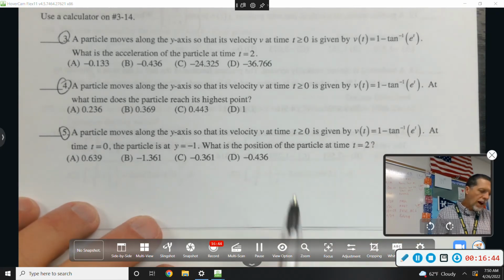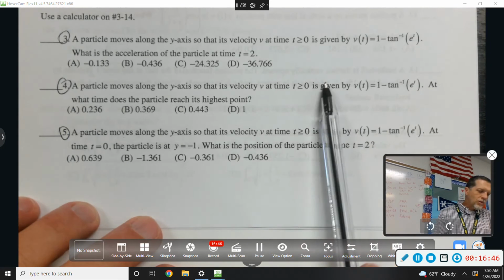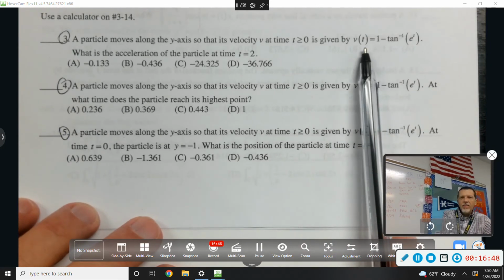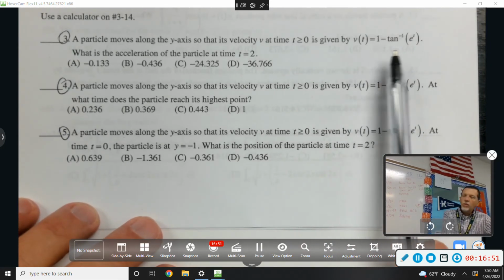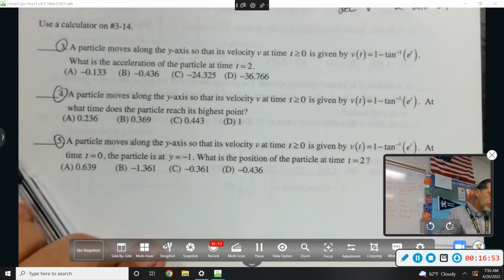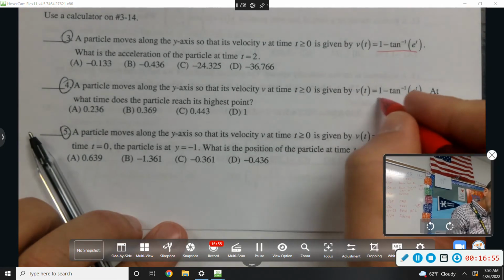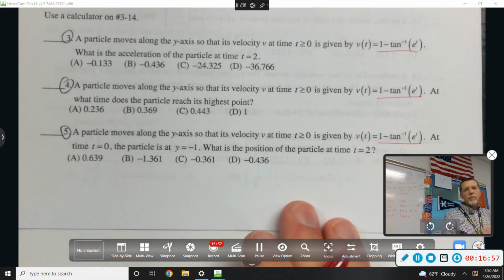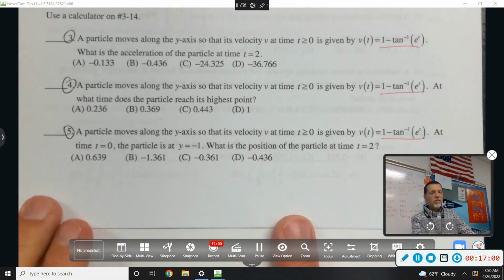3 through 5, I don't think the AP test does this often, so I think this is just a review thing. But if you look at questions 3, 4, 5, they all have the same velocity, and they're just asking different questions.